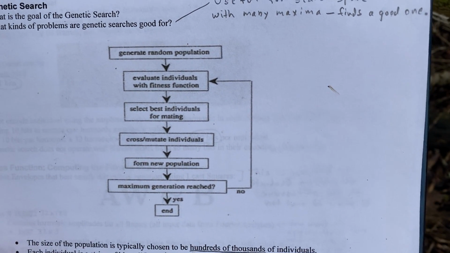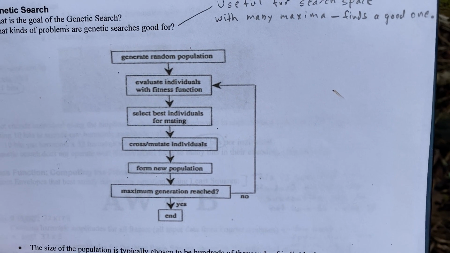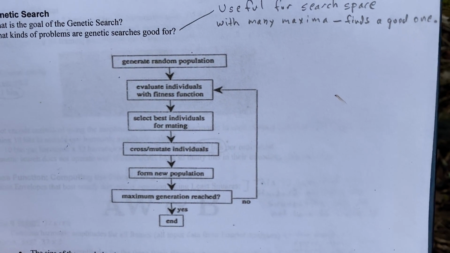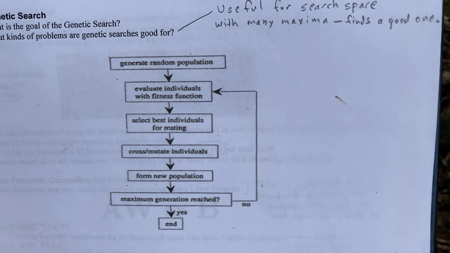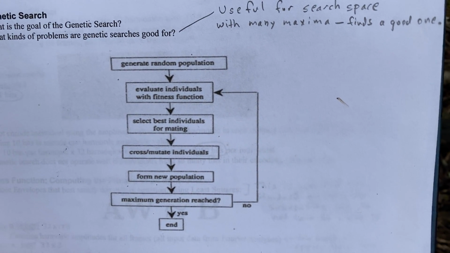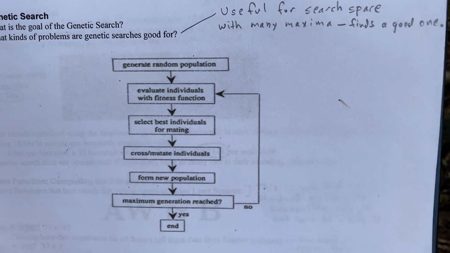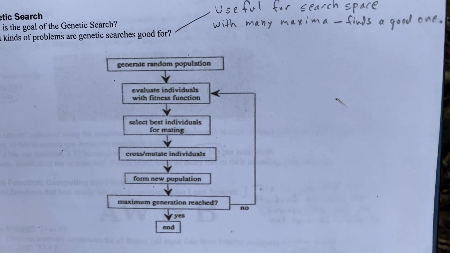And then you select the best individuals for mating. So the ones that have the best fitness, they get to mate. For the half of the population, usually I'm saying half, you can change these parameters, but it seems to work about the same even with different values.